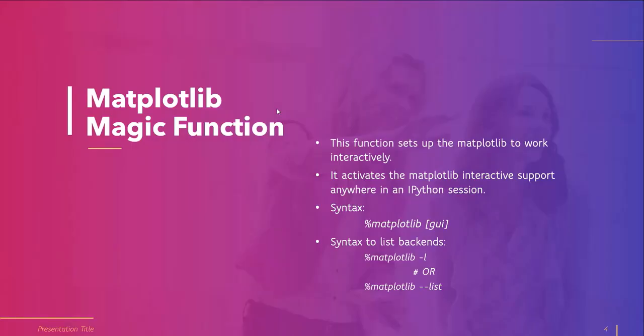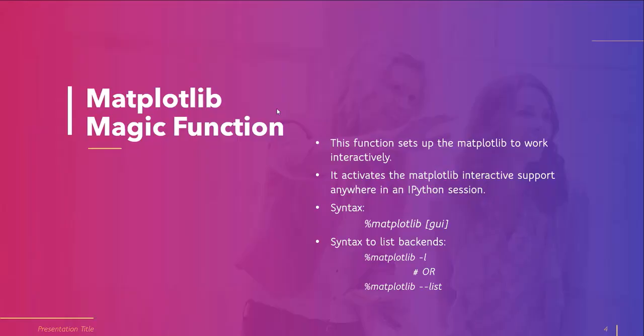So let's talk about it. Basically, this function sets up Matplotlib to work interactively. It lets you activate the Matplotlib interactive support anywhere in interactive Python, which we can also call an IPython session. An example of IPython is Jupyter Notebook.